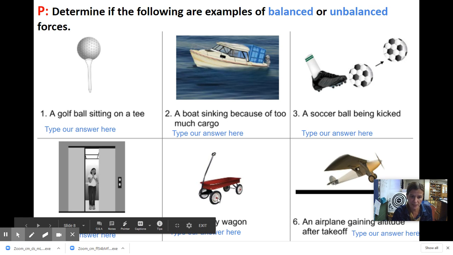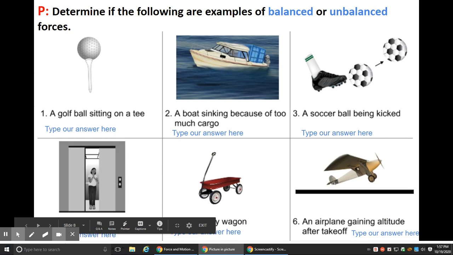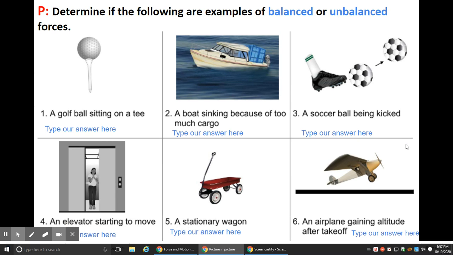The amount of force the wagon is pushing on the ground is the same amount of force the ground is pushing up on the wagon. An airplane gaining altitude after takeoff is an unbalanced force because we are changing the object's motion. We are increasing speed.